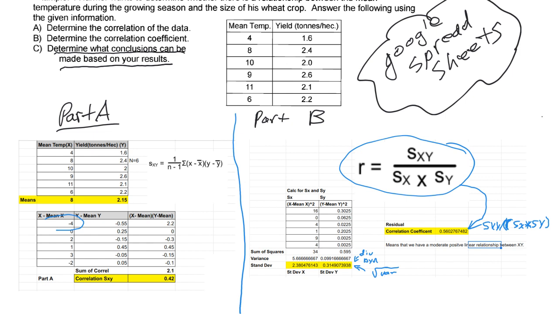Because this number of 0.56 is between 0.33 and 0.66, this is a moderate positive linear relationship. Now, the reason why it's positive is because our residual is positive. And remember, this is a moderate linear relationship. Remember, the residual helps us figure out how close to a line our data fits. And that's it. We're done.